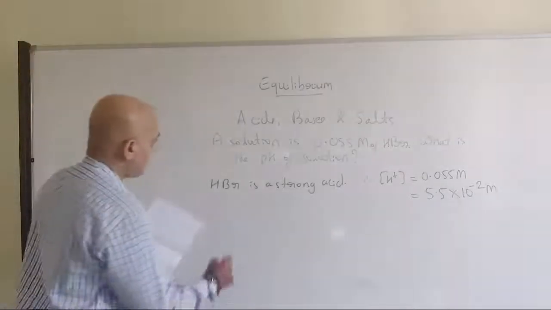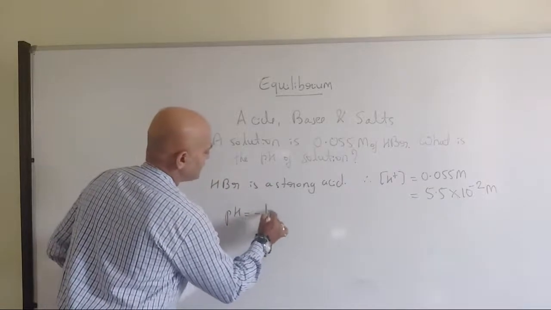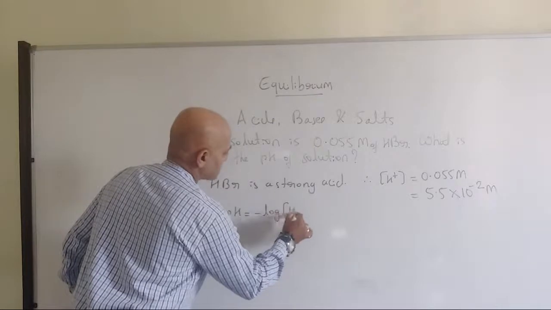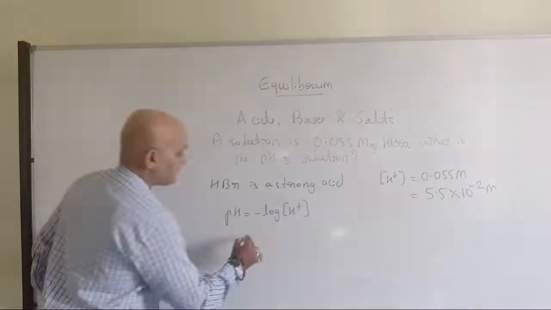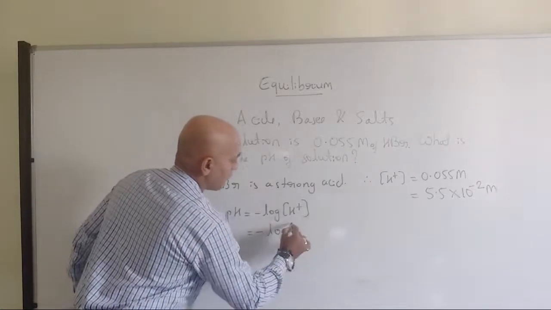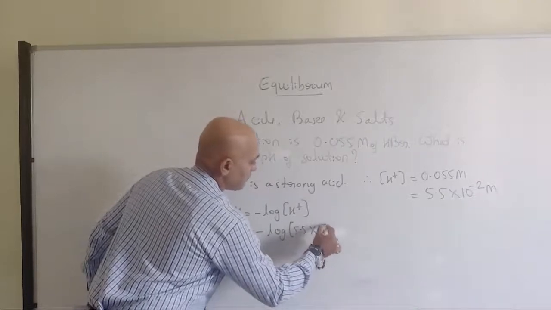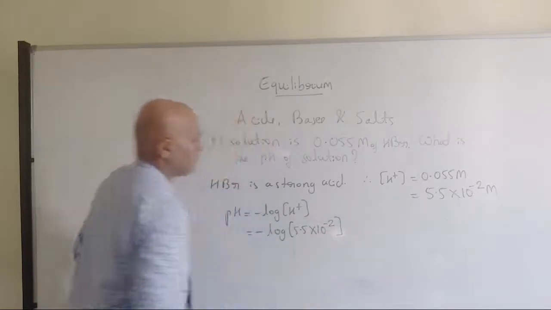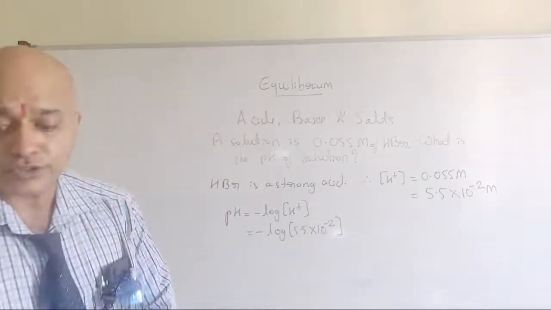So now I can tell that pH is equal to minus log of H+ concentration. Therefore, minus log of 5.5 × 10^-2.